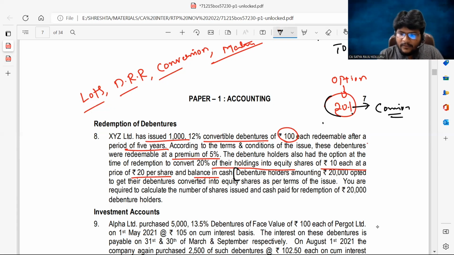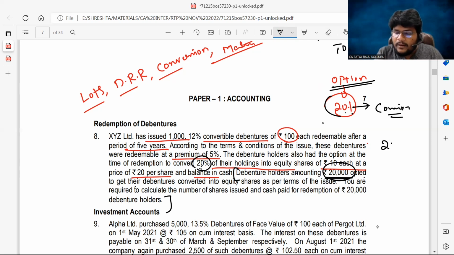This is the computational information useful for this problem. Concentrate. Debenture holders amounting 20,000 rupees opted to get their debentures converted into equity shares. Sir, rupees 20,000 means 200 debentures. If 200 debentures opted for conversion, only 20% will be eligible, because it was clearly given that once a certain debenture holder goes for conversion, as per the scenario given, they can convert 20% only.